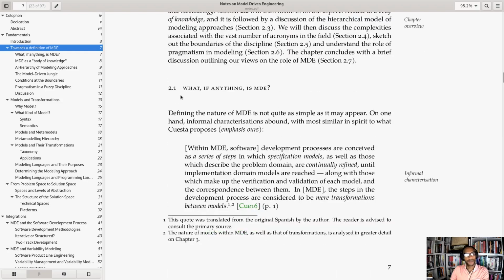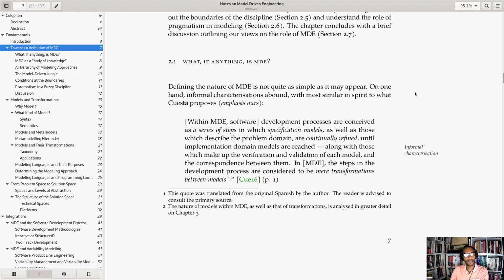The first problem you find when you try to understand what model-driven engineering is, is that it's very difficult to understand exactly what it is. What I mean by that is most fields seem to have a core set of ideas composed together into a bundle of things where you can easily say, okay, this belongs to the field or this does not belong to the field.